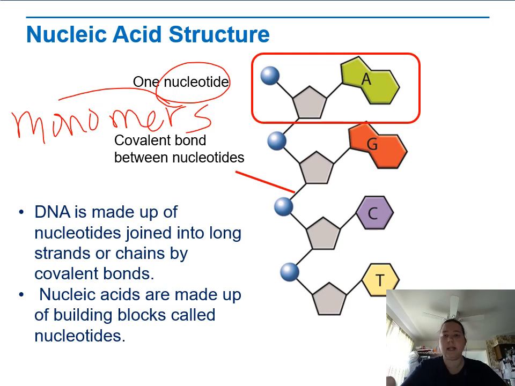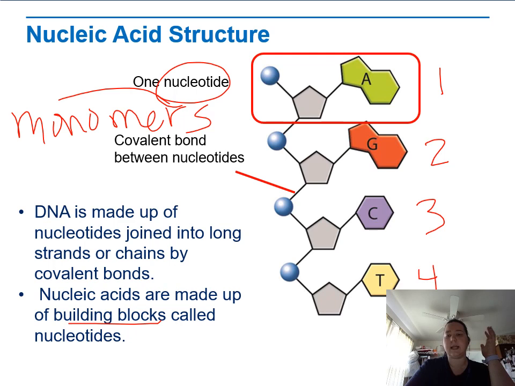And that monomer is basically a nucleotide, right? They're the building block of both nucleic acids, DNA and RNA. And what happens is you end up getting them lined up in a row where they're joined together through this covalent bond here. So in this case, we've got one nucleotide, two nucleotides, three nucleotides, four nucleotides.